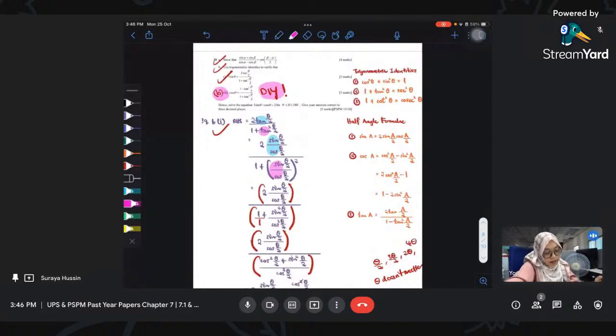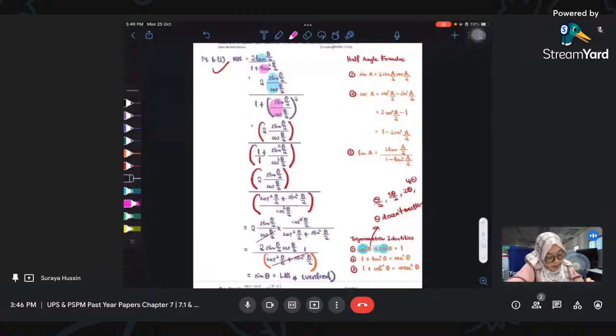You prove it by yourself by just quite the same. Tukarkan tangent kepada sine over cos. Yeah, just like that, and you just go through until you meet something that you can apply with trigonometric identity. See, trig identity ni selalu muncul hujung-hujung. Dia jadi hero, last hero, you know.